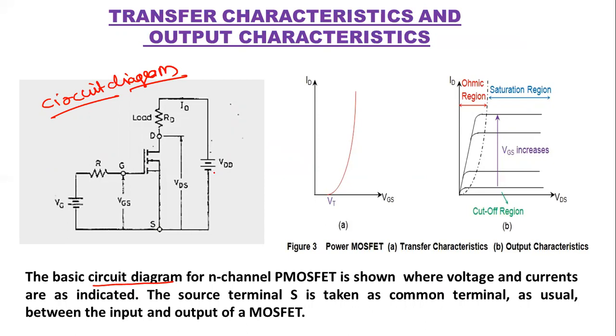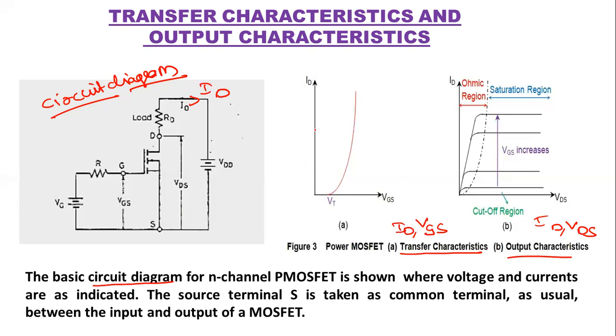For a power MOSFET, the transfer characteristic is plotted between the drain current ID and the gate to source voltage VGS, and the output characteristics are plotted between ID and VDS, the drain to source voltage.